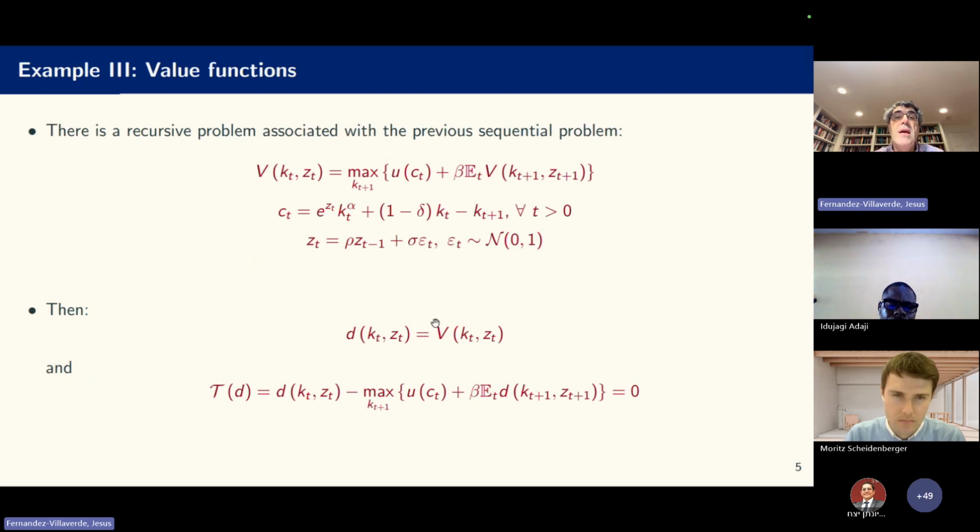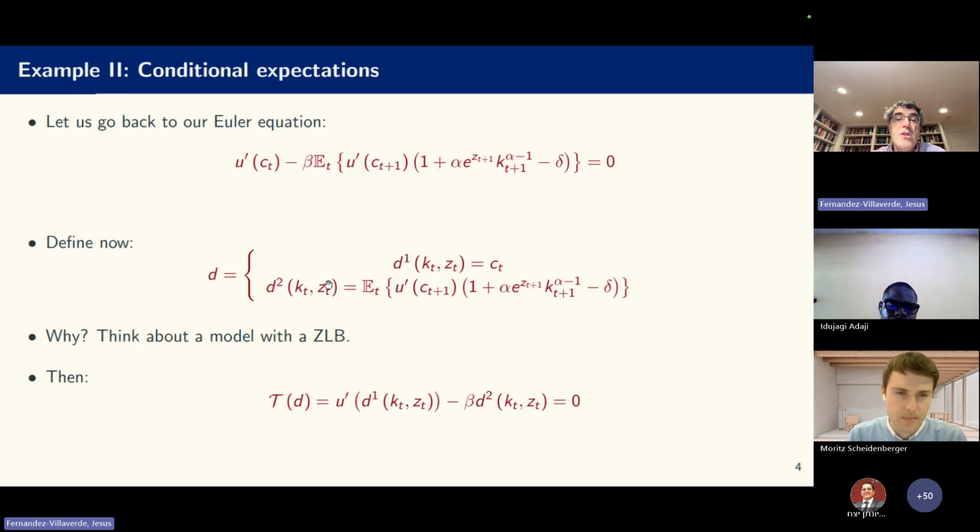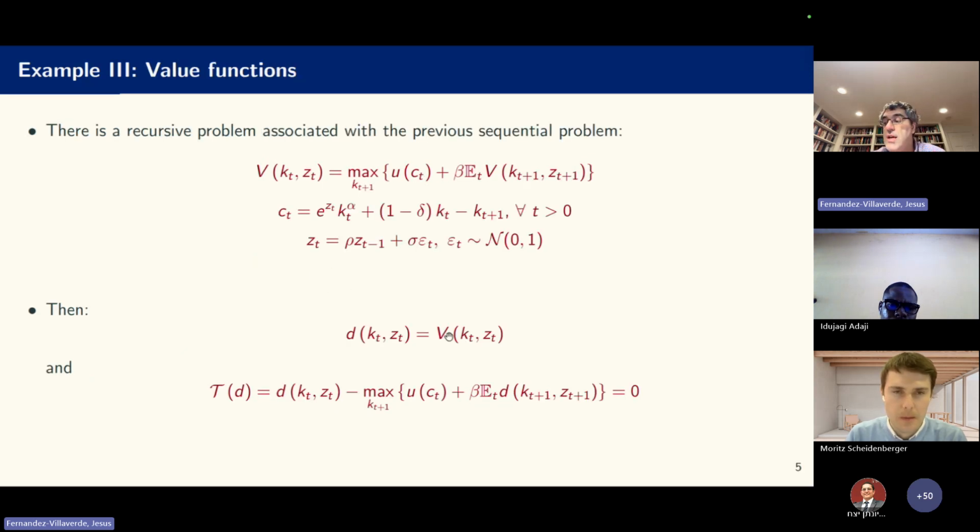And at the end of the day, all three environments share a common characteristic, which is we are just looking for a function that plugging into the operator generated either by the first order condition or by the Bellman equation gives you a 0.